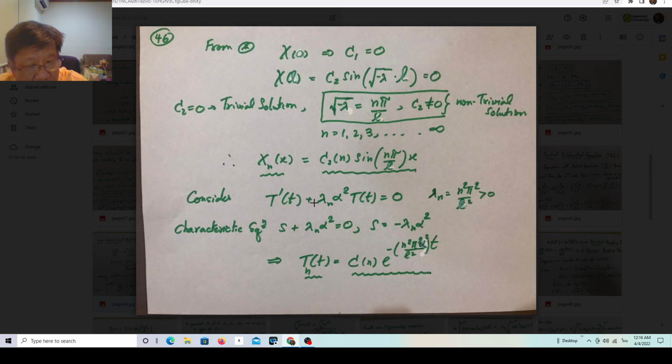And the remaining term of lambda n will be here. Actually, we start with minus lambda, that's why it's equal to minus.